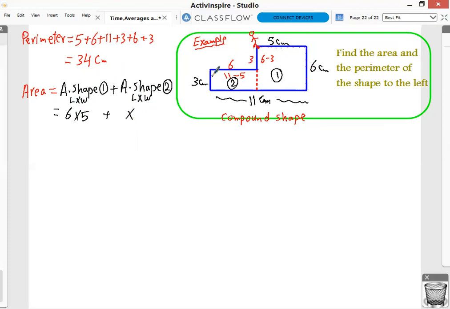Ask it, Zainab. 3 multiplied by 6 or 6 multiplied by 3. Now it's easy, understand now? If you want to cover this shape to get your area, you divide it into 2 shapes because it's a compound shape. Then 6 multiplied by 5, 30 plus 6 multiplied by 3.